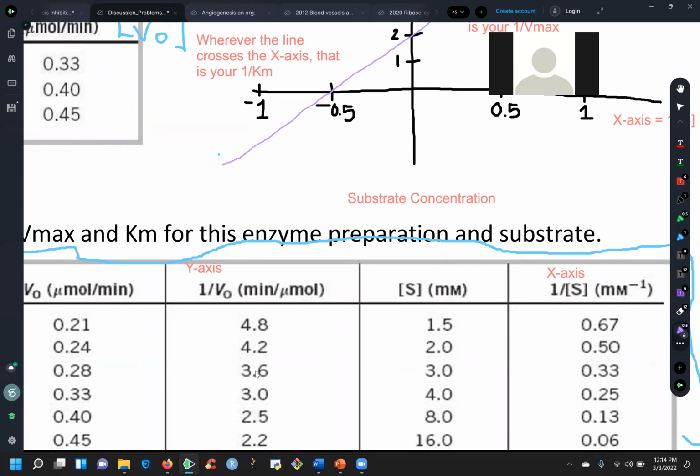So what happens is we are looking for 2 points. So in the Lineweaver-Burk plot, we are looking for 2 points. We just did all that, which was easy steps. It's just that there's a lot, so pay attention. And we're looking for 2 things. We are looking for whatever crosses the y-axis, and we're looking for whatever crosses the x-axis.